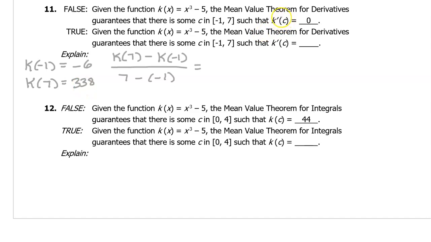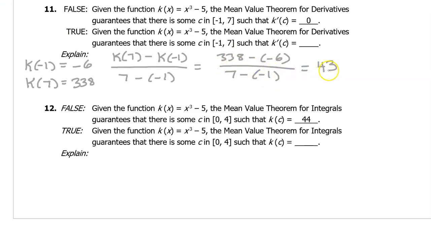The mean value theorem says there is a c where k prime at c equals k at b minus k at a divided by b minus a. But in this case, that gives us 338 minus negative 6 divided by 7 minus negative 1.